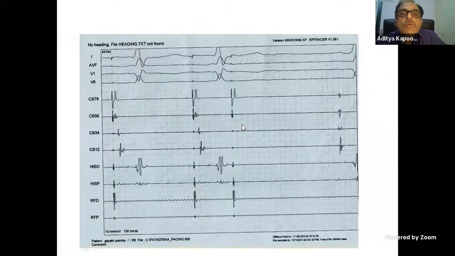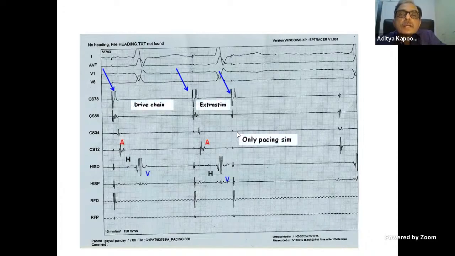And if we bring it down further, so if you see over here, you have a distinct A following the pacing spike. Here you just have the pacing spike. There is no A activity. So this is probably the atrial ERP.